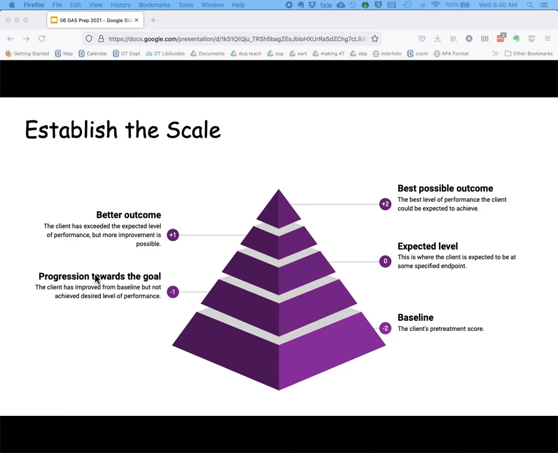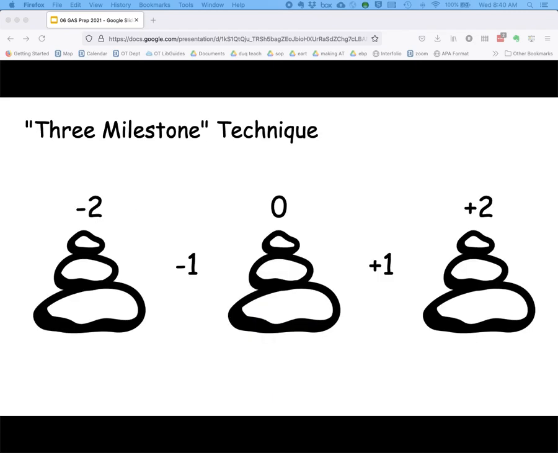These intermediate levels, the better outcome and progression towards the goal, can be a challenge to define. So the way that I recommend approaching this is to use the 3 milestone technique. So you can easily establish where they are now, the -2.